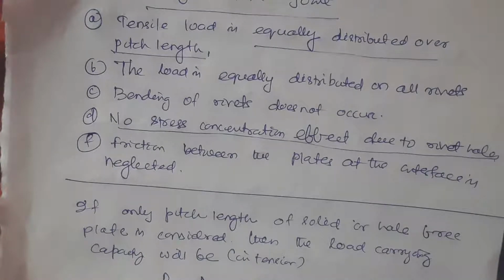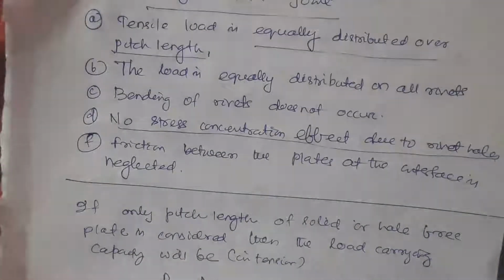Actually, stress concentration must be a part of it because you are removing material, but we don't consider this. We also do not consider the friction between the two plates. In reality there is bound to be some friction, but we don't consider the interfacial friction between the two plates while they are subjected to load. So these are the assumptions we are considering while calculating the strength of the joint.